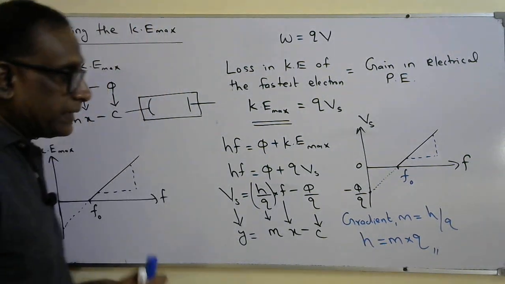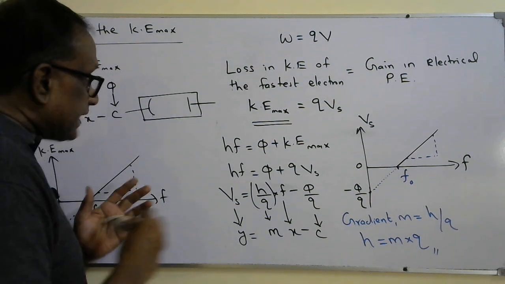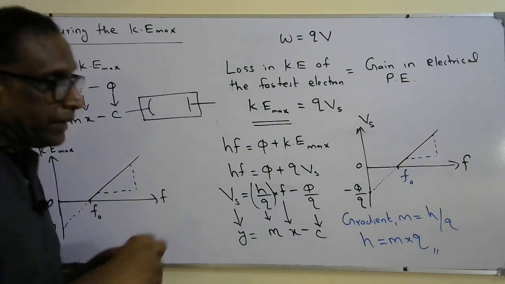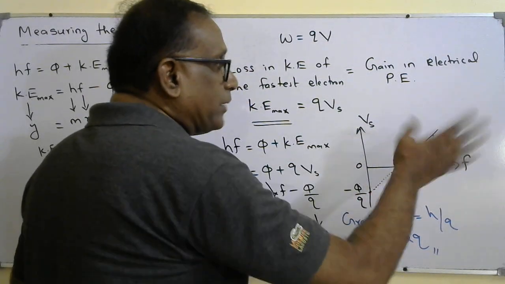You can see that the cell that has the lowest threshold. All the graphs will be parallel to each other.